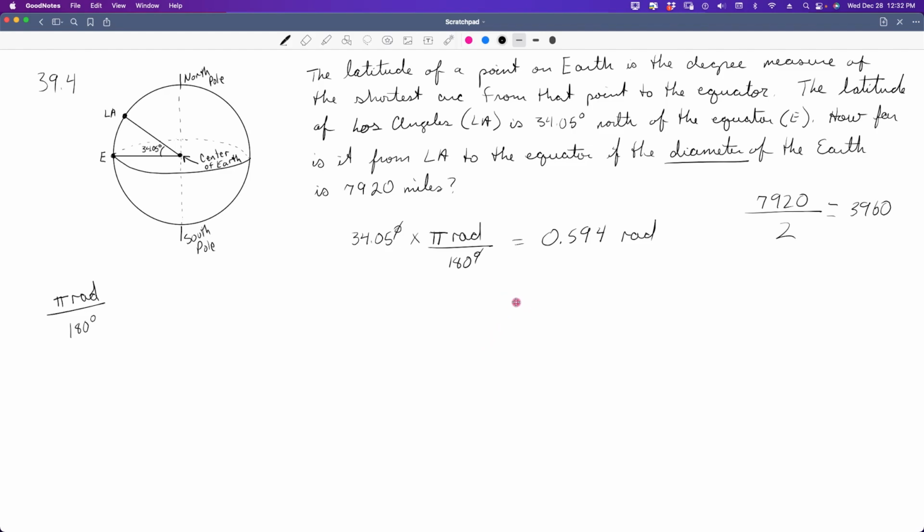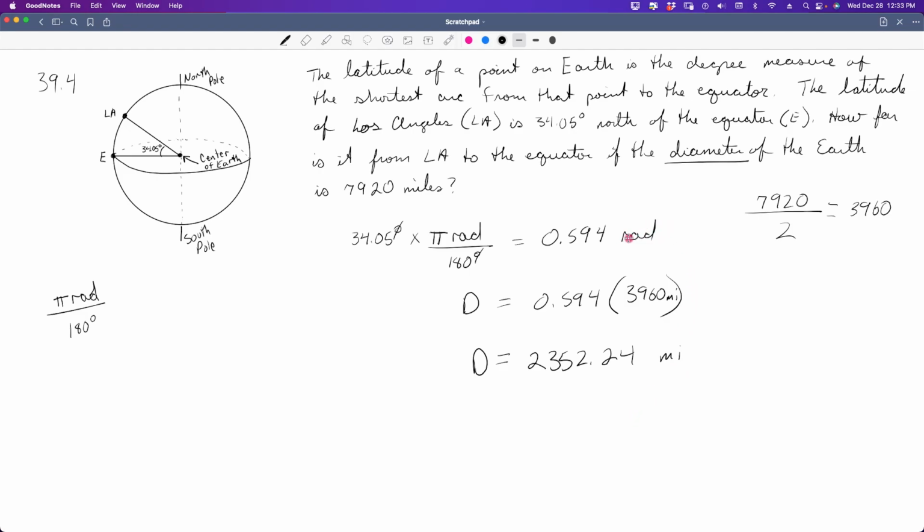So the distance would equal 0.594 times the radian, which is 3,960 miles, which would equal a distance of 2,352.24 miles, because this unit of measure is mile right there. And that would be what we would do.